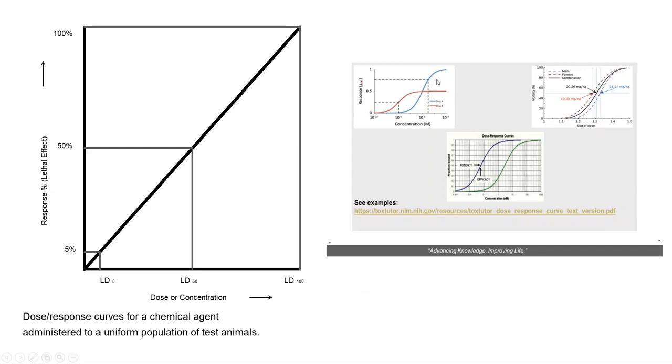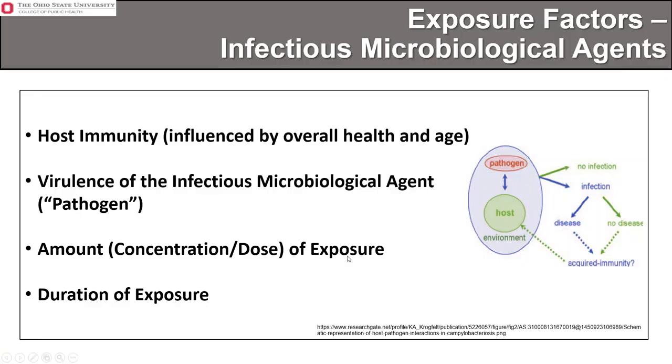It doesn't always come out as clean as this, because you can have plateaus and so forth shown by some of these other examples, but certainly as you increase the concentration of exposure, you increase the percentage of those organisms that are likely to manifest some measurable, I should say, detectable or diagnosable adverse effect.